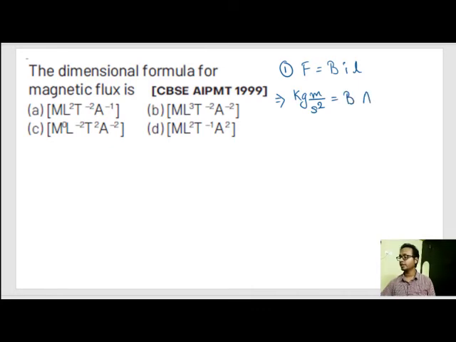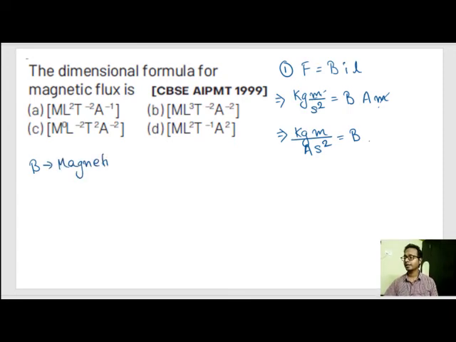Current has a unit of ampere and length has a unit of meter. This meter and this meter get cancelled, so B becomes kg meter by ampere second square. This B is magnetic field, which will be evident in your chapter magnetic effect of current.